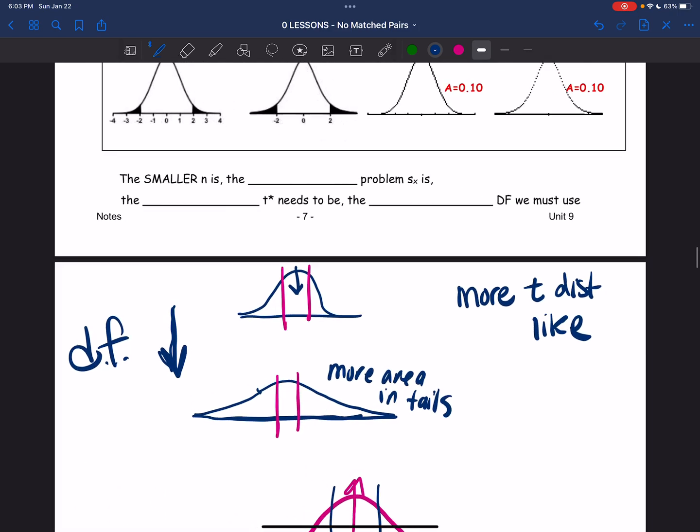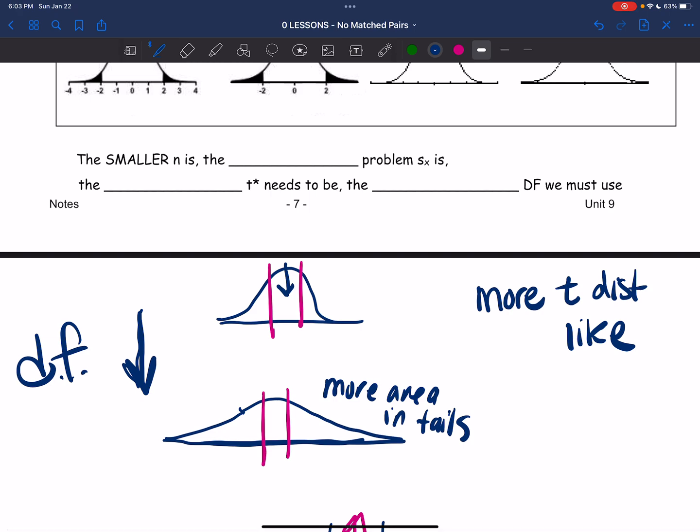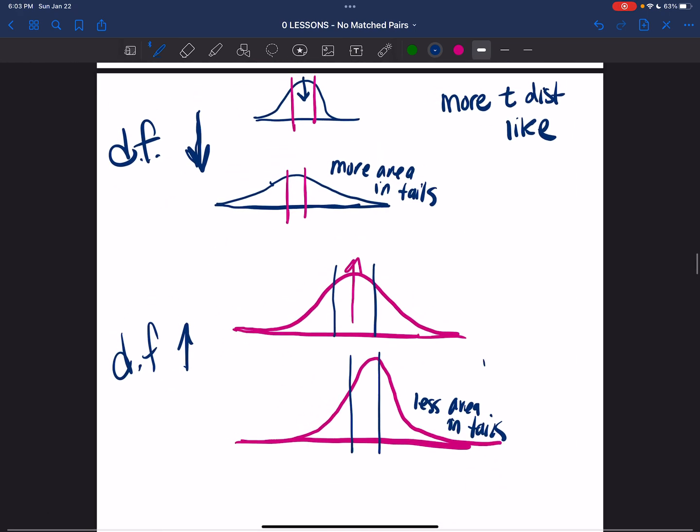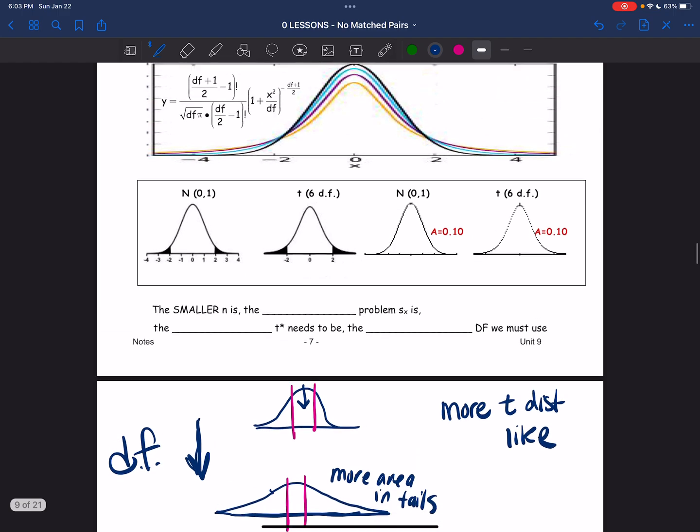Just really zone in on this picture, okay? This one looks beautiful. Less area in the tails. When you have less area in the tails, you're becoming more like a normal distribution or a Z distribution. So more degrees of freedom is good because it's becoming more normal.